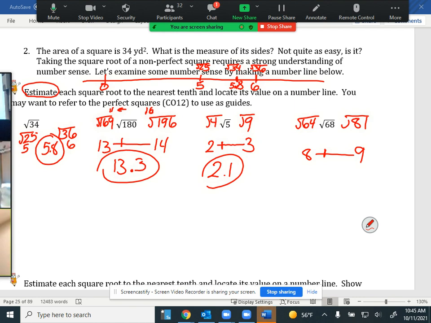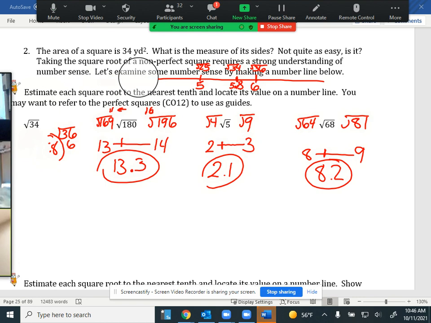So I would guess probably like 8.2, because it's closer to that 64 than it is to the 81. So you always want to look at what the perfect squares are on each side of the non-perfect square you're looking for, and think about what decimal it's going to get to.